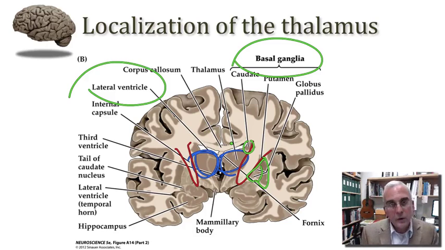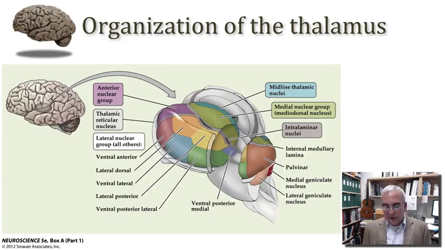Well, let's look inside the thalamus if we can, and I'll point you to this illustration, which indicates that the thalamus is really not one thing. It is dozens of things. It is dozens of discrete collections of cells that each maintain their own set of input and output relations to other parts of the nervous system.